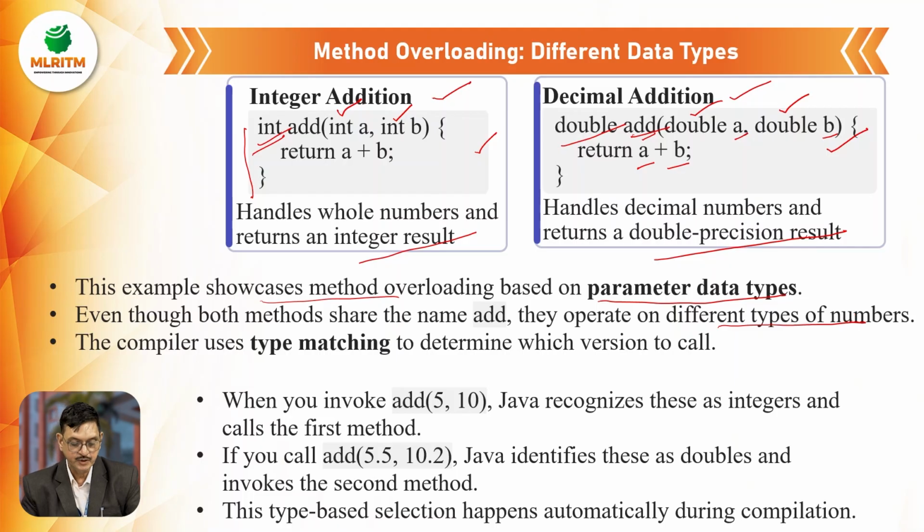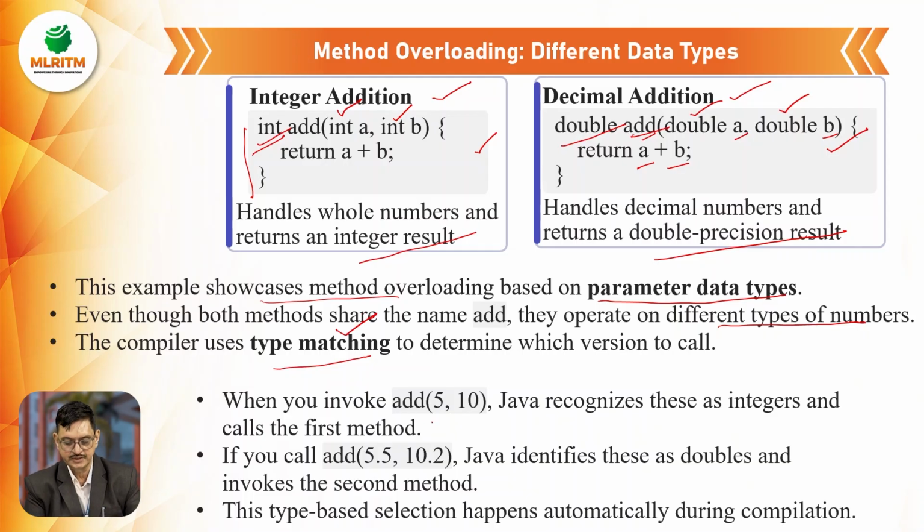Generally, whenever the compiler goes from a larger data type to a smaller data type, it may use typecasting to determine which version to call, or we use explicit data types. Whenever the compiler chooses whether to select the integer type or the double data type, it verifies the matching of the data types, and based on the match, it selects the appropriate one.